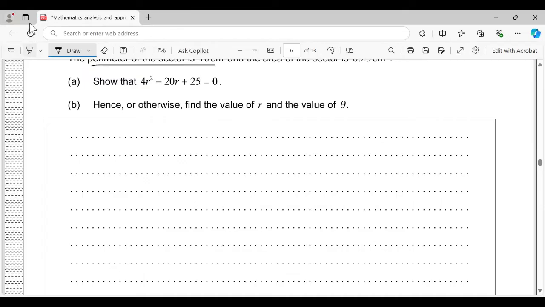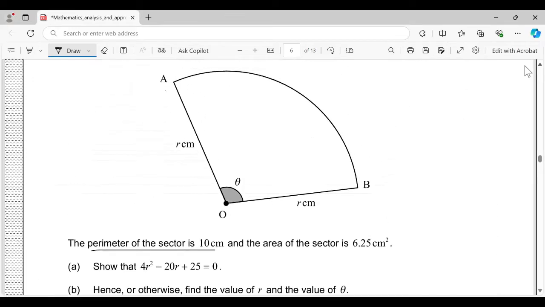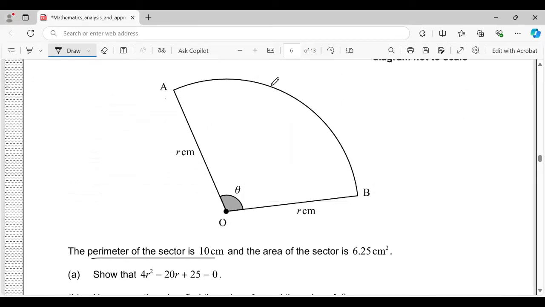The circumference of a circle equals 2 pi r. This is the formula. AB, how to find this AB?